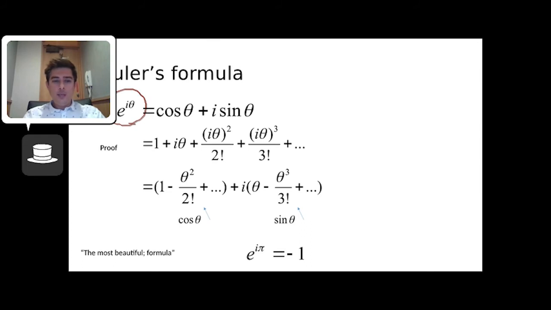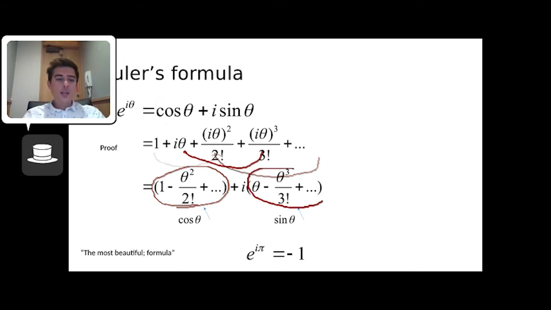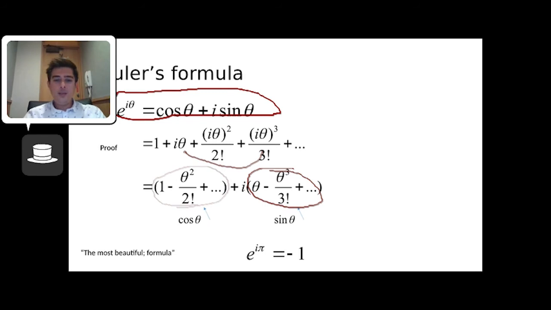By looking at every second term, the even powers of theta, you can figure out that this is equal to the cosine of theta, and by looking at the odd powers of theta, you can relate this to the sine of theta. You basically have this famous relation, Euler's formula.